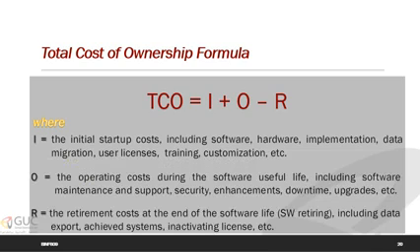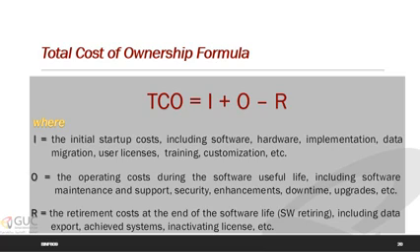So the formula for the total cost of ownership calculation includes the initial startup cost, including software, hardware implementation, data migration, user license, and training. The operating cost during the software's useful life, including software maintenance and support, security enhancements, downtime, and upgrades.